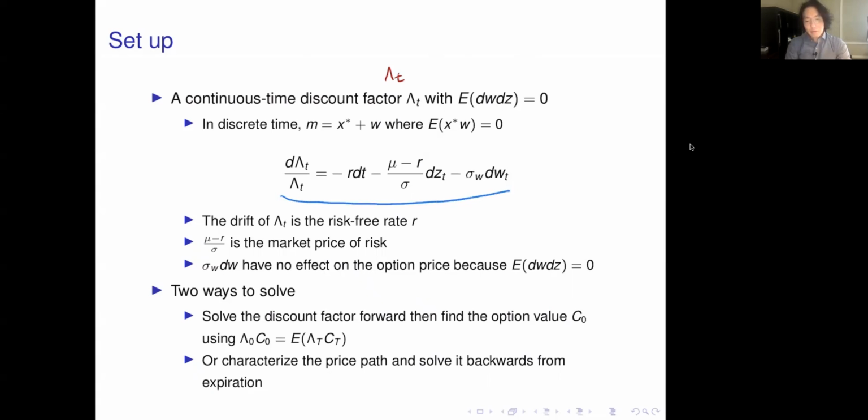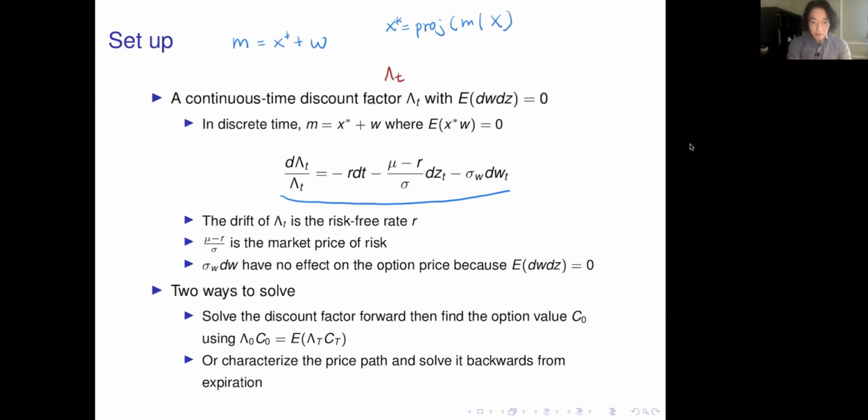In the discrete time case, we use the stochastic discount factor m. And remember, we can use the projection. So x star is the projection of m on the payoff space.